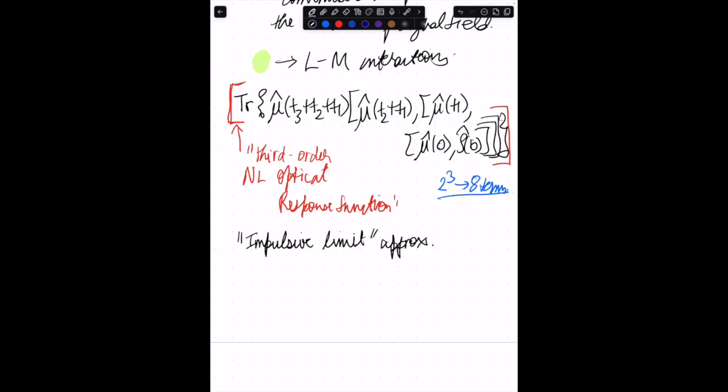So in this impulsive limit approximation, these electric fields would be treated as being infinitely narrow in time, such that they can be treated as Dirac delta functions, and as a consequence the integration is gotten rid of. So if we want to analytically study these solutions, what we can do firstly is get rid of this integration and focus on the third order nonlinear optical response functions. So in the next class, we will expand this commutator and proceed from there.